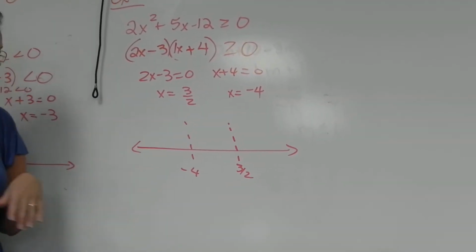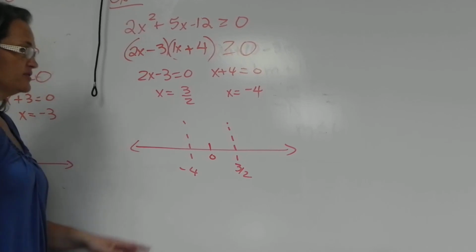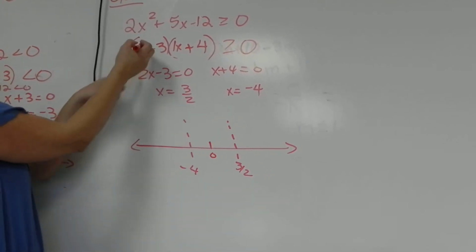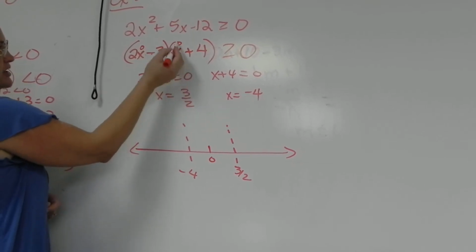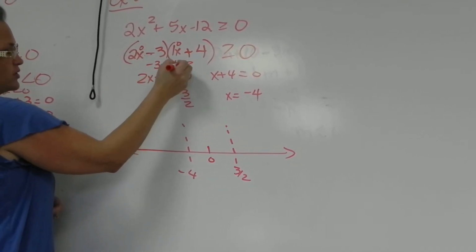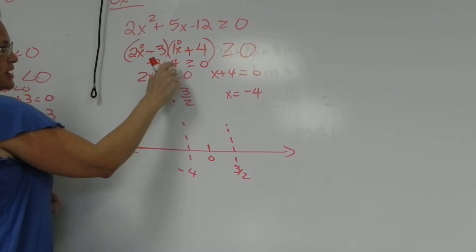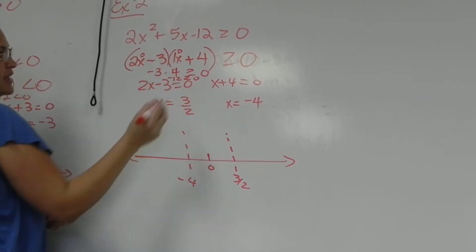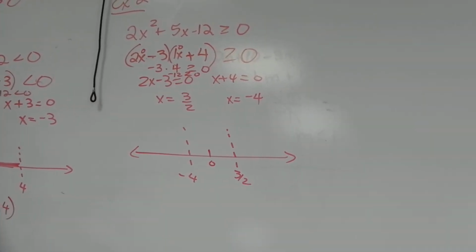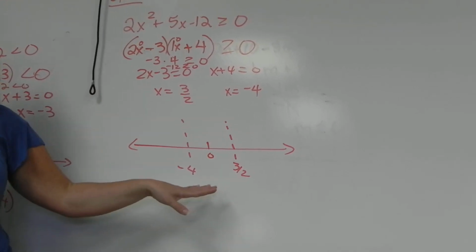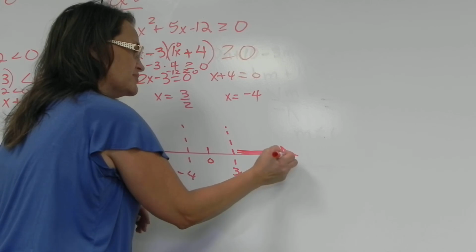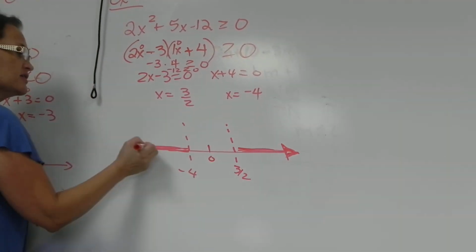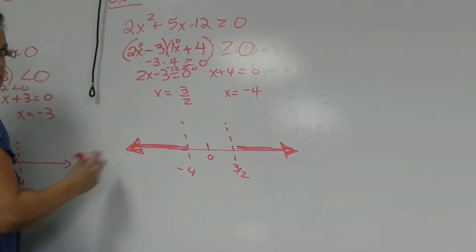So I would take the 0, check it in: 2 times 0 minus 3 is -3, 0 plus 4 is 4, -3 times 4 is -12. -12 is not greater than or equal to 0, so that does not work. So now I'm feeling it must have been these two outer regions. But like I said, I'm still recommending that you double check with a test point in these two areas.